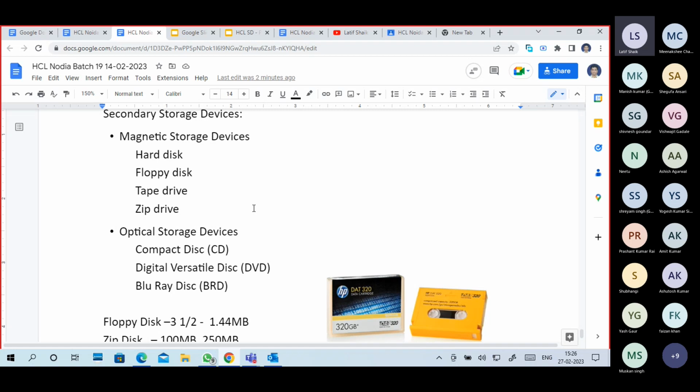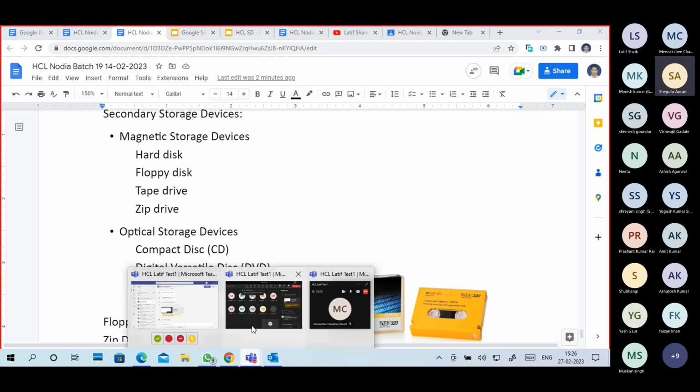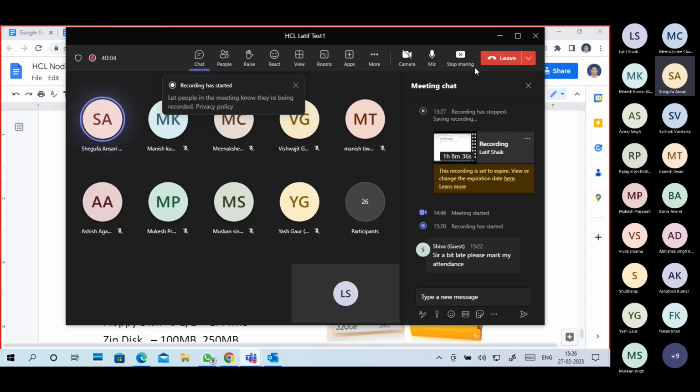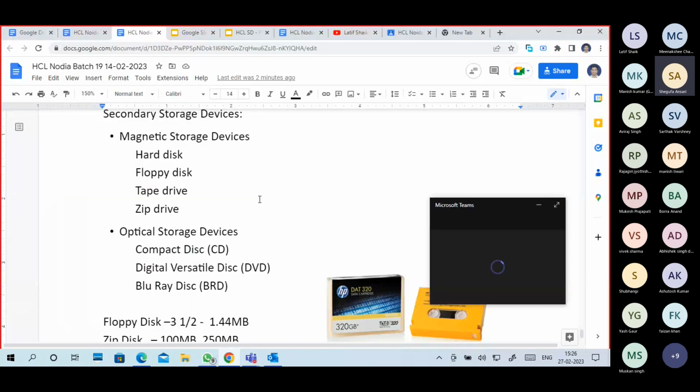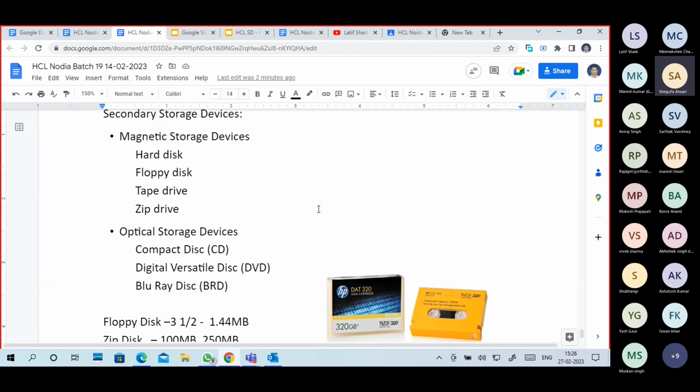Okay, in the secondary storage devices, sir, excuse me, sir. Tell me. Sir, what about pen drive? What is a pen drive, secondary storage or primary? Secondary storage, very good.